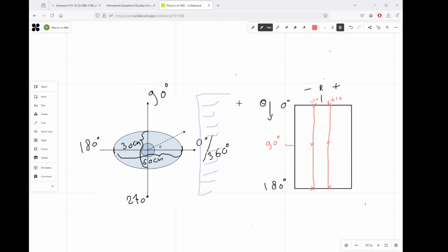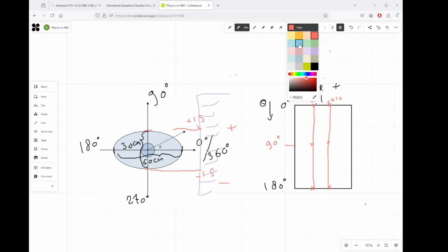Now we again get the outer line, the longest part, over here and over here. What do you think the length is going to be when it hits the detector here and here? This is the minus part of our detector and this is the positive part. So this part is going to be plus, but not plus 30, it's going to be plus 15. This part is going to be minus 15. Now we can put a mark, using a different color. We have a mark at 15, let's say over here.